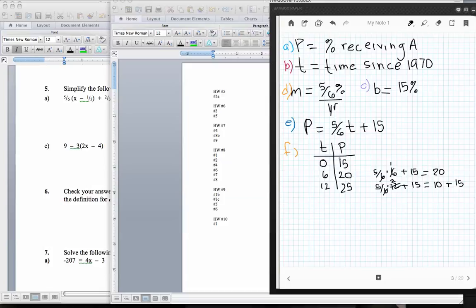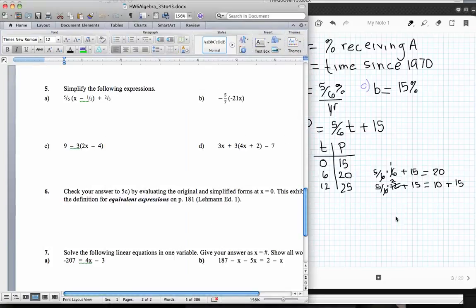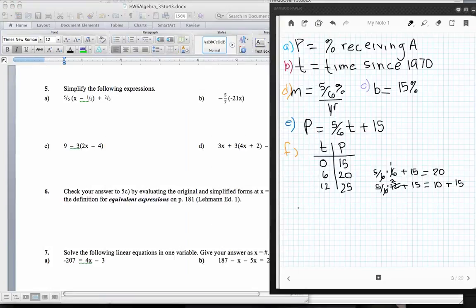And our simplification process, we're going to do for this problem, 5/6 times x minus 1/3, and then plus 2/3.